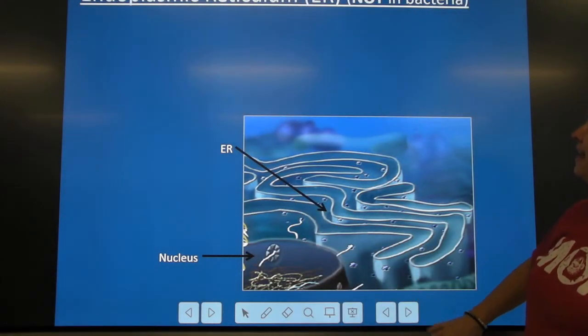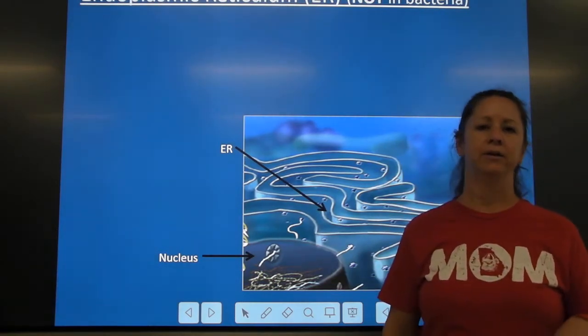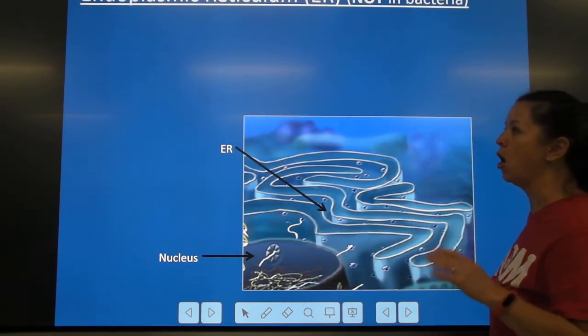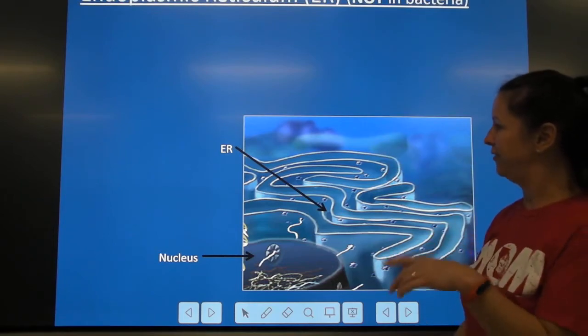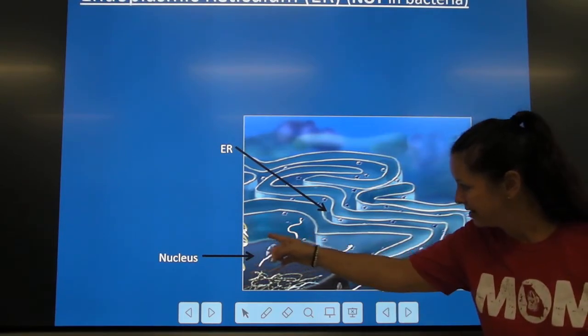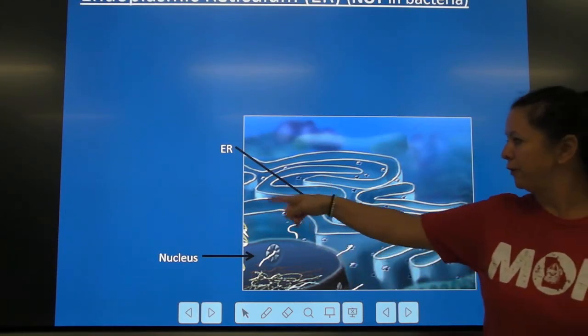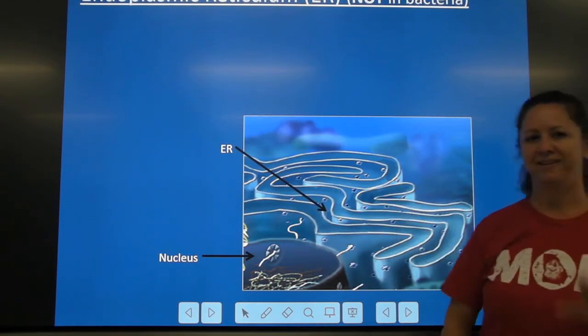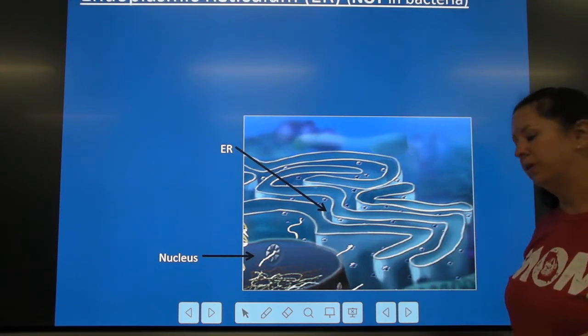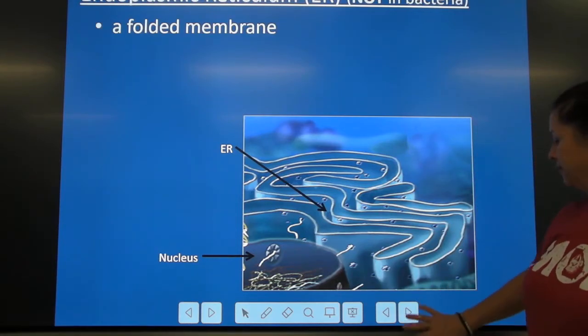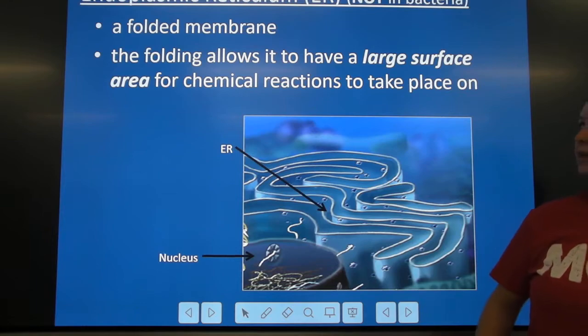All right, next you have the endoplasmic reticulum, also called the ER. Now the ER is not found in bacteria. This is the nucleus, this little area down here. All this folded stuff out here around it, that's the endoplasmic reticulum. And it's a folded membrane, as you can see in the picture.